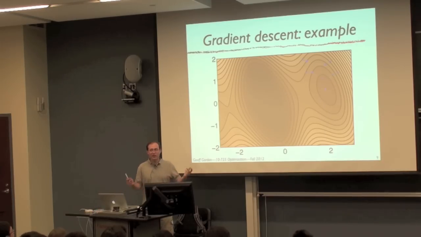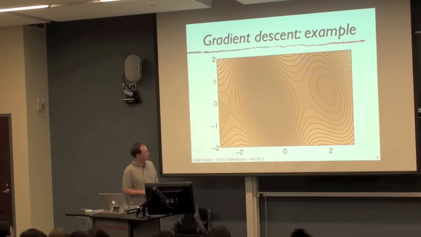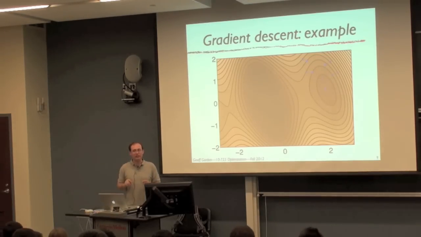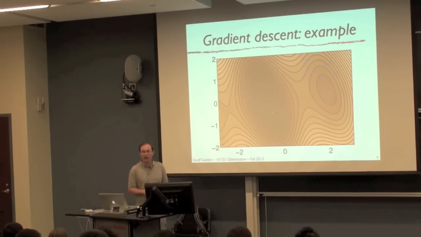So this is a good opportunity for me to use the phrase local optimum, right? Local optima are the bane of gradient descent. A local optimum is a place where there's nowhere to go from here. The gradient is 0, and it's increasing in all directions. But it's not the lowest that you could possibly go, because over here the colors are much darker, meaning that the function value is much lower.